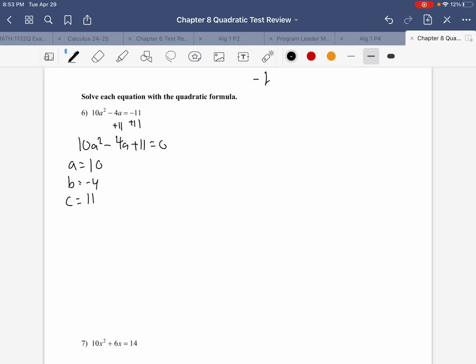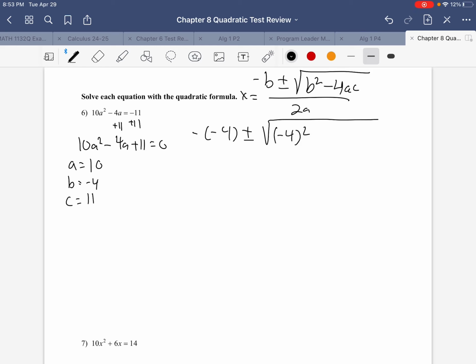And the formula is negative b plus or minus the square root of b squared minus 4ac all over 2a. So it's a negative of a negative 4 plus or minus the square root of negative 4 squared minus 4 times 10 times 11. And then this is going to be divided by 2 times 10.